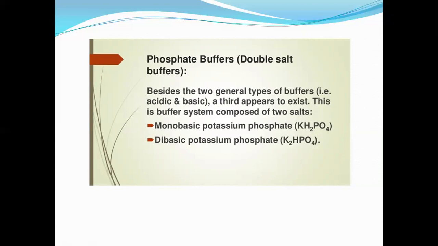One is monobasic potassium phosphate, the other is dibasic potassium phosphate. This is potassium dihydrogen phosphate, and this one is dipotassium phosphate.